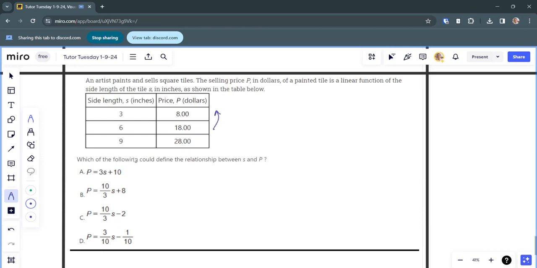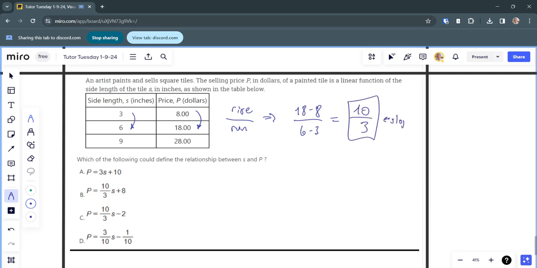It looks like, in terms of the rise over the run, the price goes up $10 for every 3 units. This should be our slope, right? When we increase the side length by 3 units from 3 to 6, the price went up from 8 to 18. So that's an increase of 10 for every 3 units in X. So that's our slope. And that matches up with B and C.